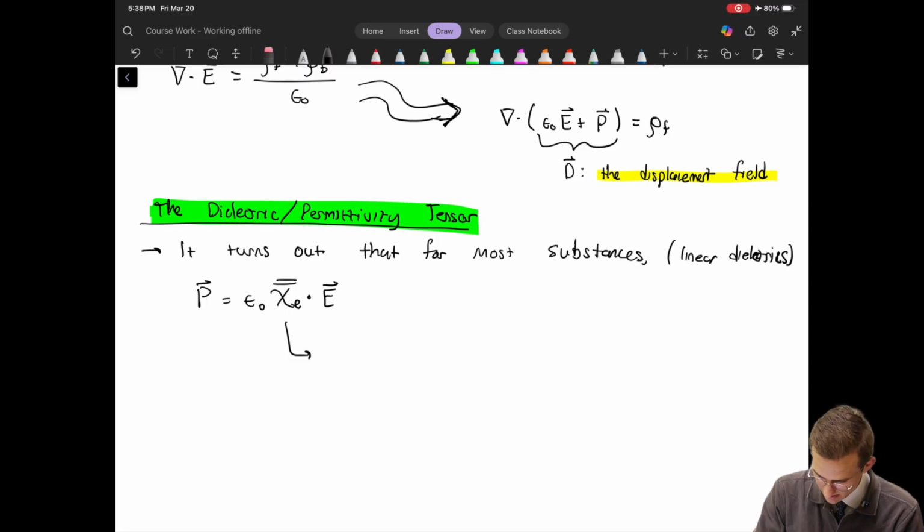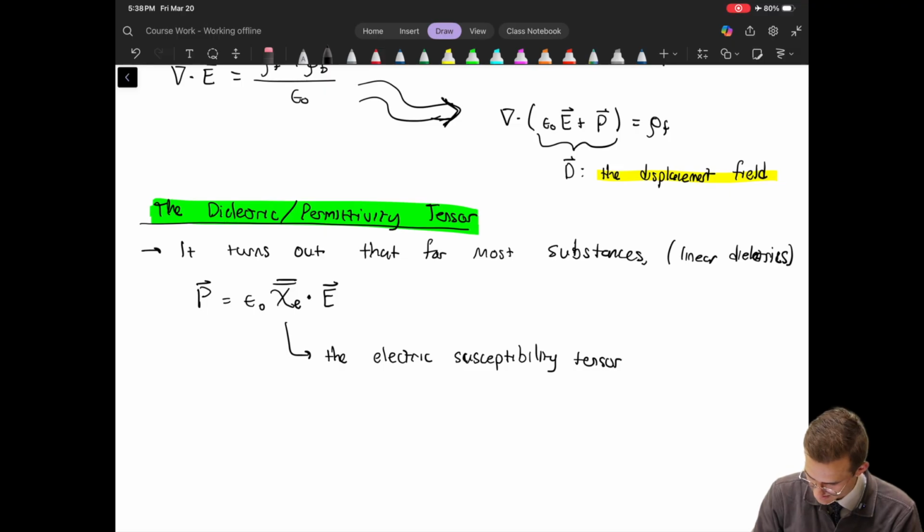So this chi_e tensor is called the electric susceptibility tensor. Okay, definition. And the reason why it's a tensor is because the medium might be anisotropic.